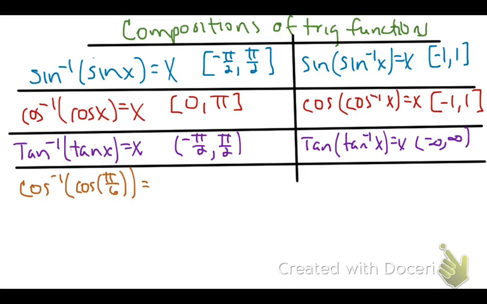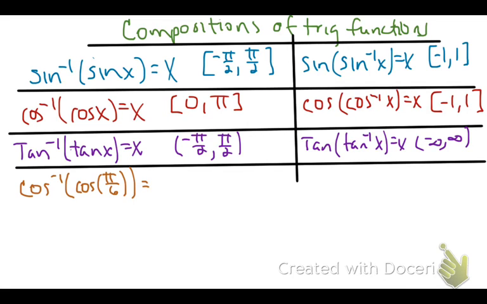We have our cosine inside the parentheses, so it is the domain of the cosine that we want to focus on. The domain of the cosine goes from 0 to pi. Is pi over 6 between 0 and pi? Yes, it is.